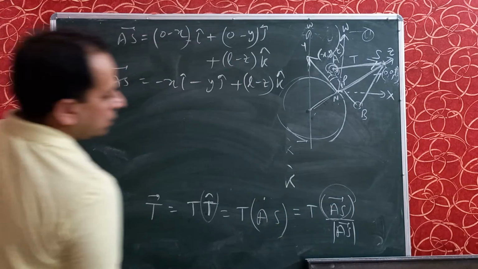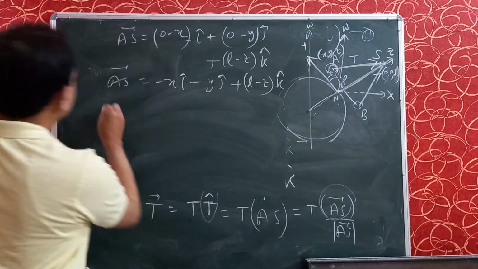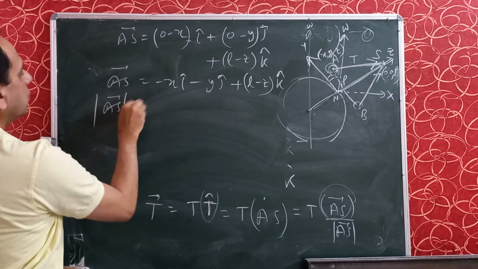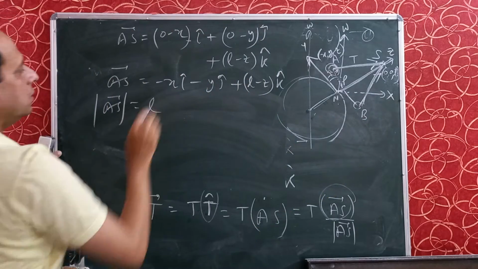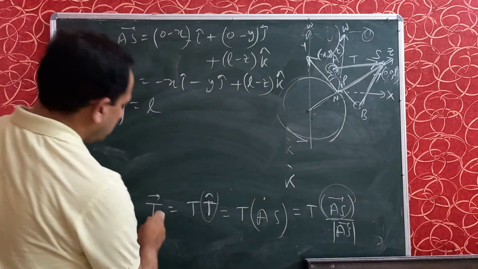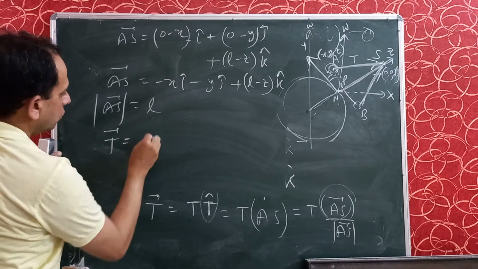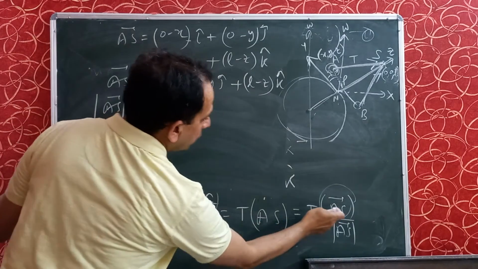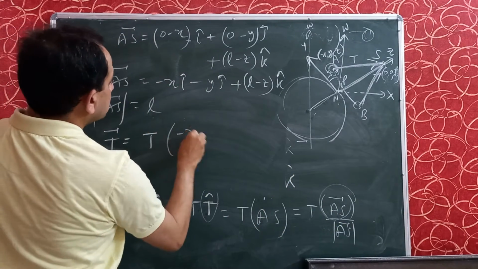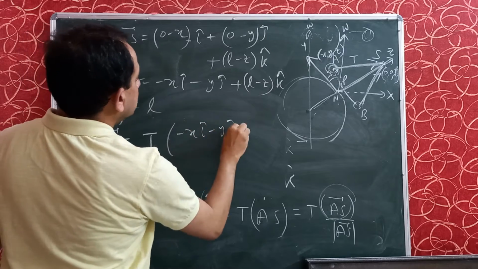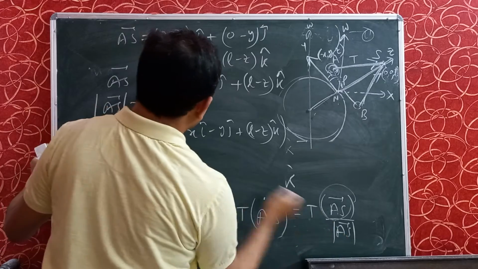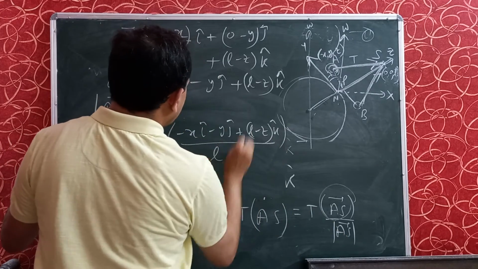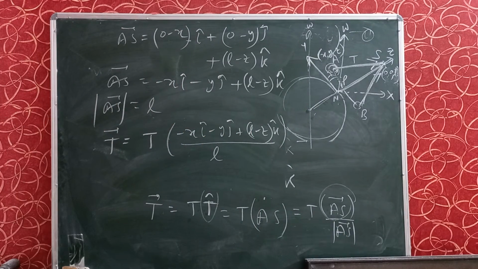So what is the AS magnitude? A to S is the length of the pendulum, it is L. Therefore, this T vector is equal to T magnitude into (minus x i minus y j plus (L minus z) k) over AS, that is over L. So these are the components of the T vector.